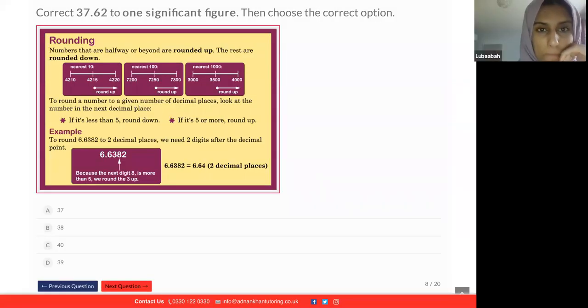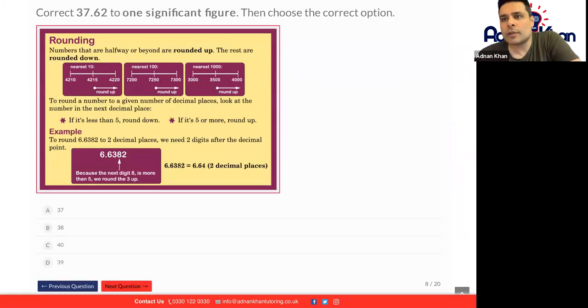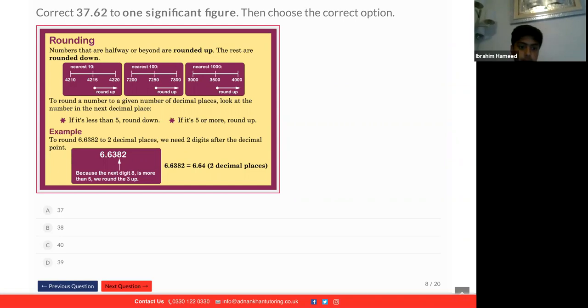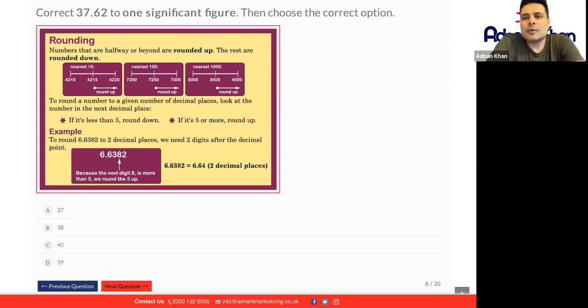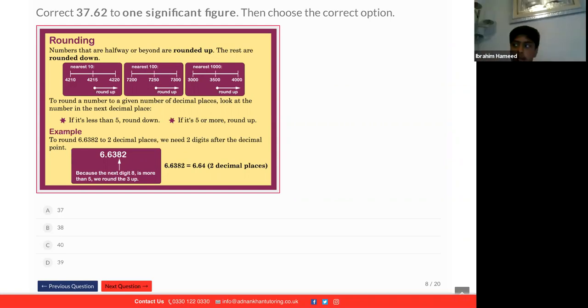And let's go to Ibrahim for the next one. And this one is significant figures. It will be 38. What are significant figures? How do we work them out? All right. A significant figure is, for example, you see 37.62.